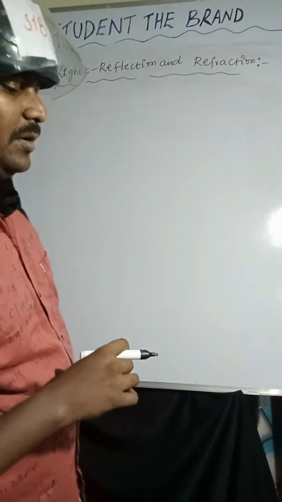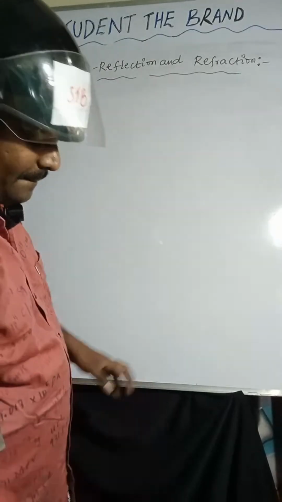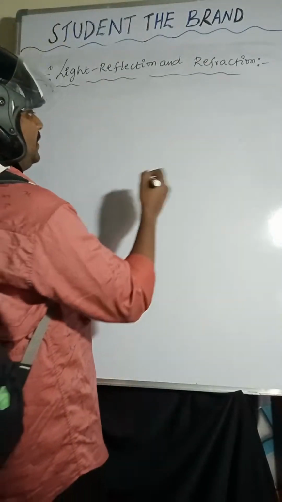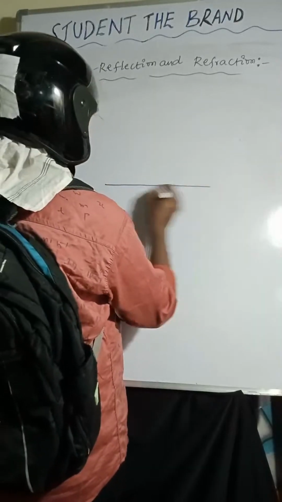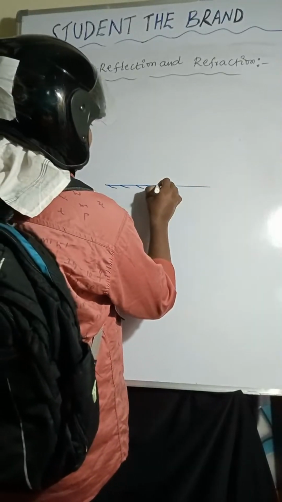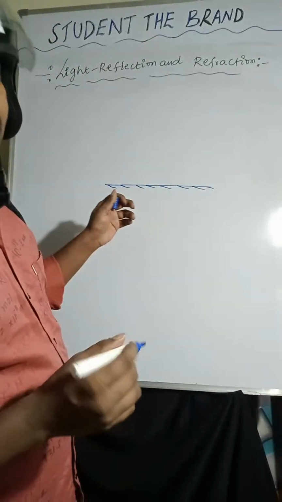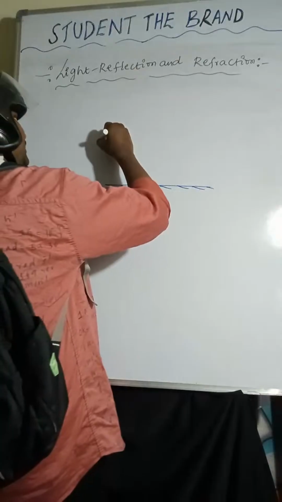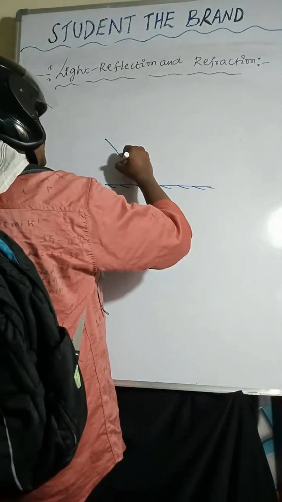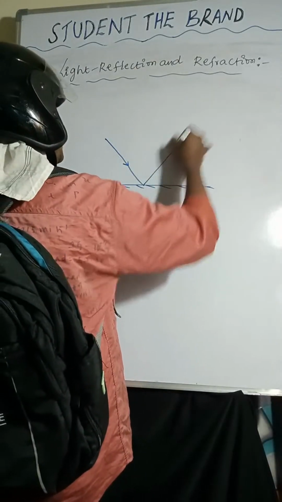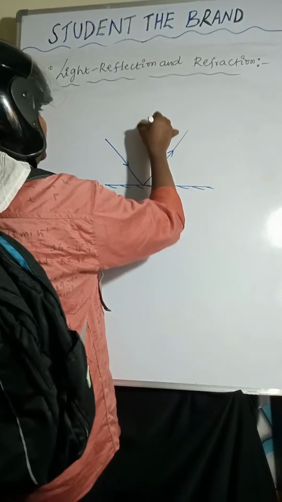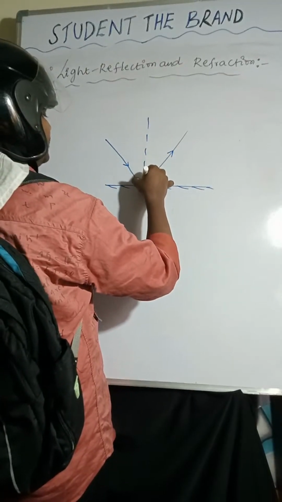Here I'm taking the plane surface. Light is incident on it. This is the incident ray, this is the reflected ray, and this one is the normal line.